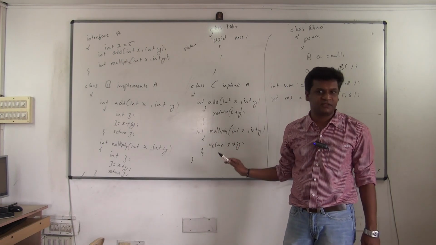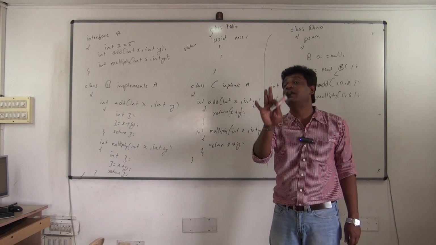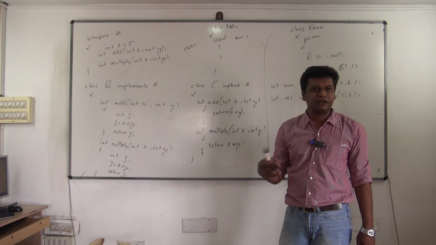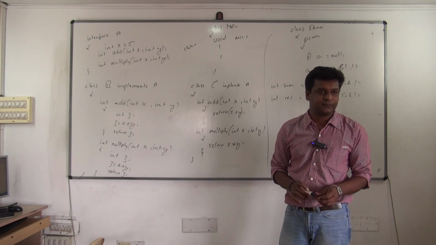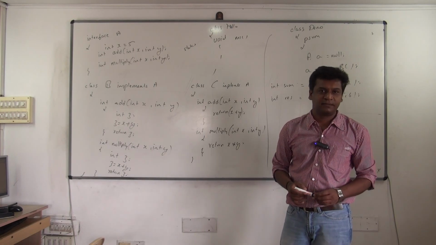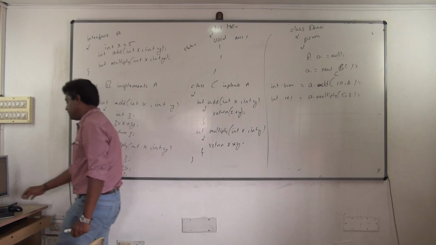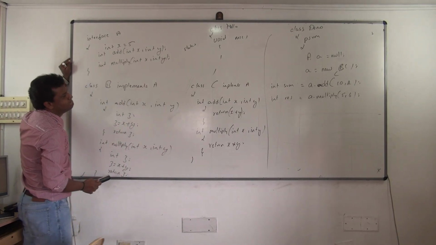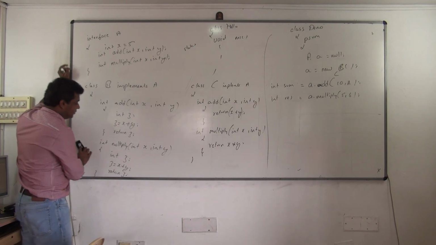Because many people will be implementing the interface, but nobody can change the value. That's the greatness of it. B and C can only use it, but they cannot modify the value. And there is only one copy. Clear? See how brilliantly they have designed all this. This is how an interface is designed. Shall I clear all this now?